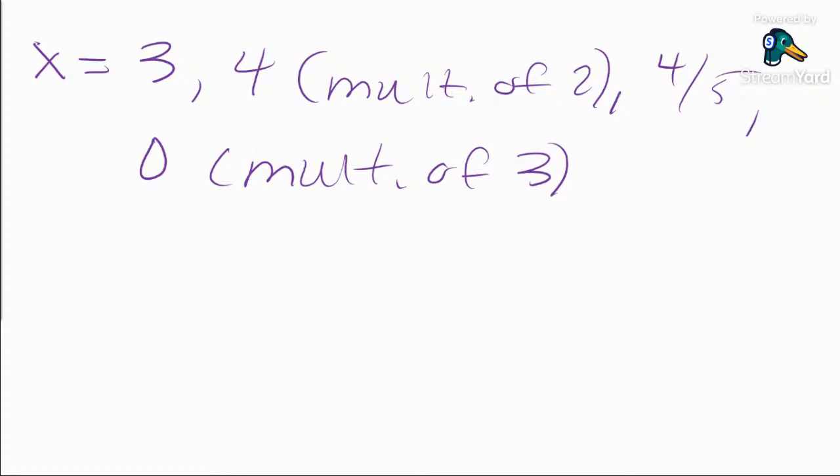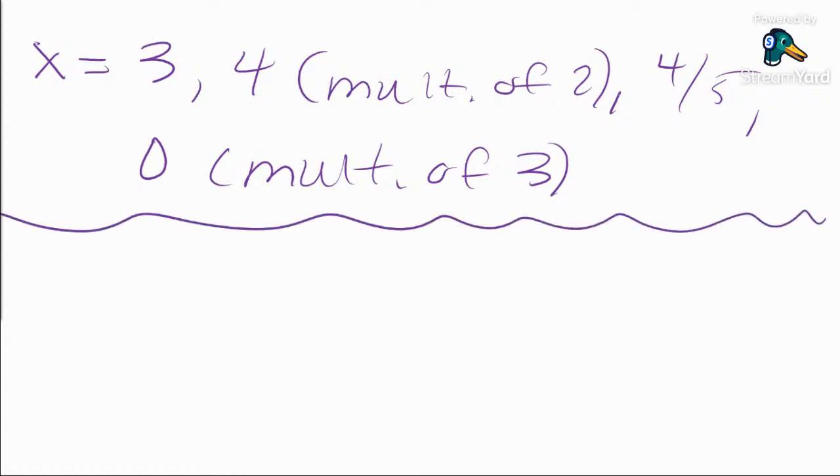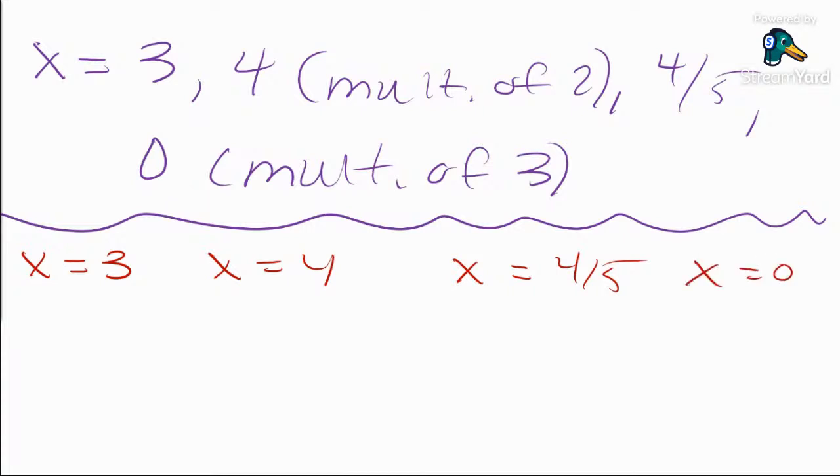Now, when you compare this to what we just did on the last slide, we're going to keep the same attention to detail and do the same action. We still have x equals 3, x equals 4, x equaling 4/5, and we also have x equals 0. So once again, when we solve these and we move things over, like subtract 3 on both sides, we still get x minus 3.